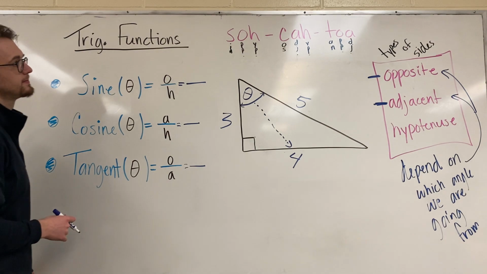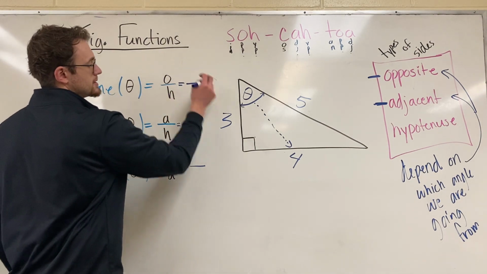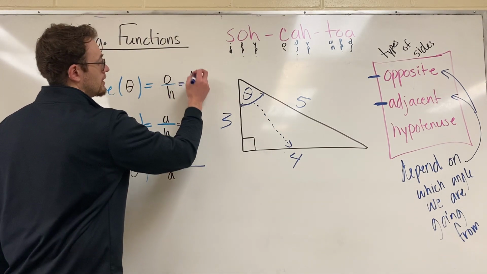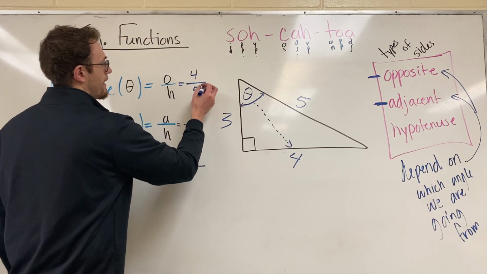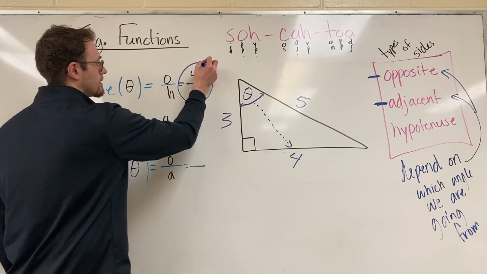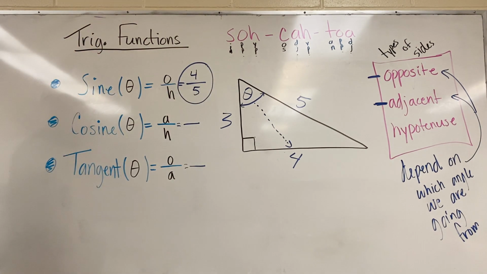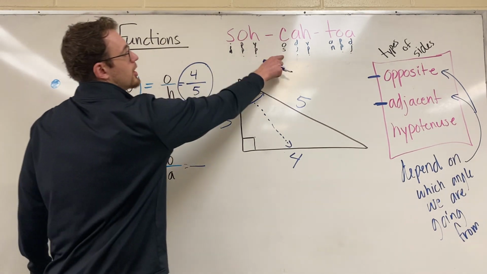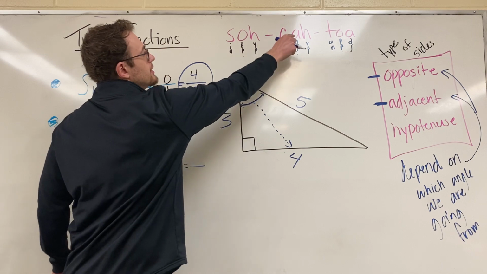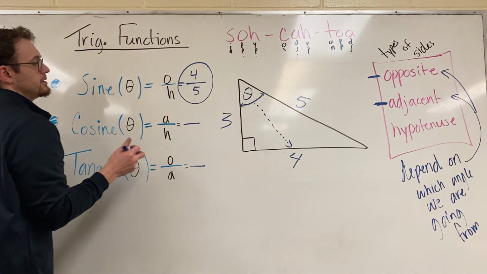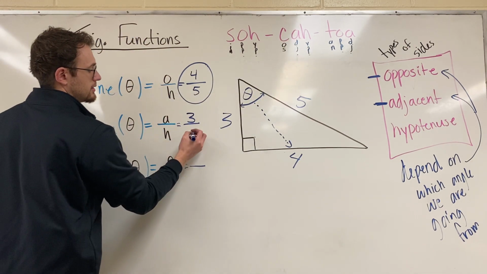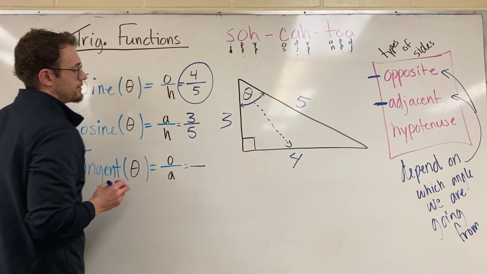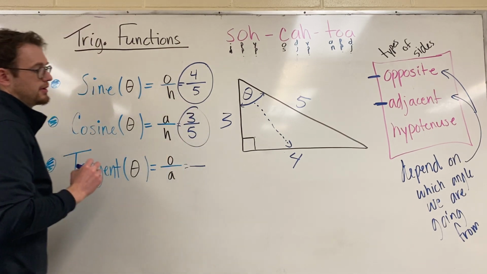So opposite over hypotenuse: opposite is 4, over the hypotenuse, which is 5. That is the answer. Cosine, CAH, adjacent over hypotenuse, would be 3 over 5. That's the answer.